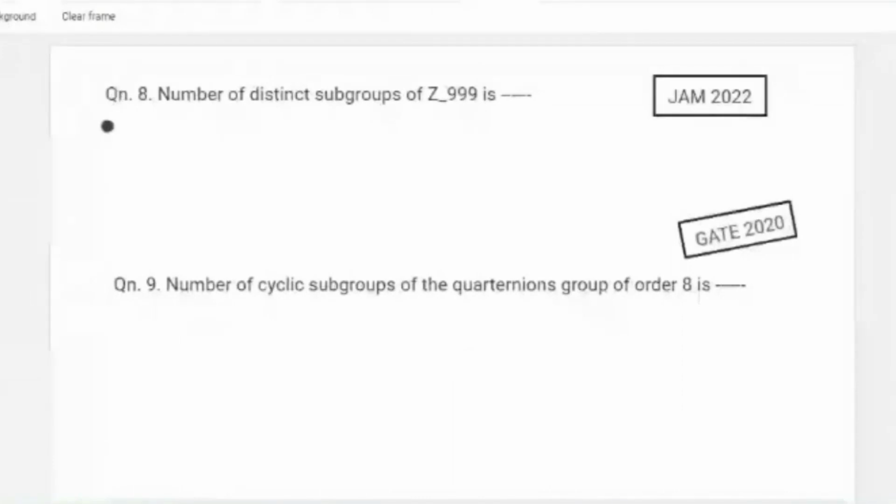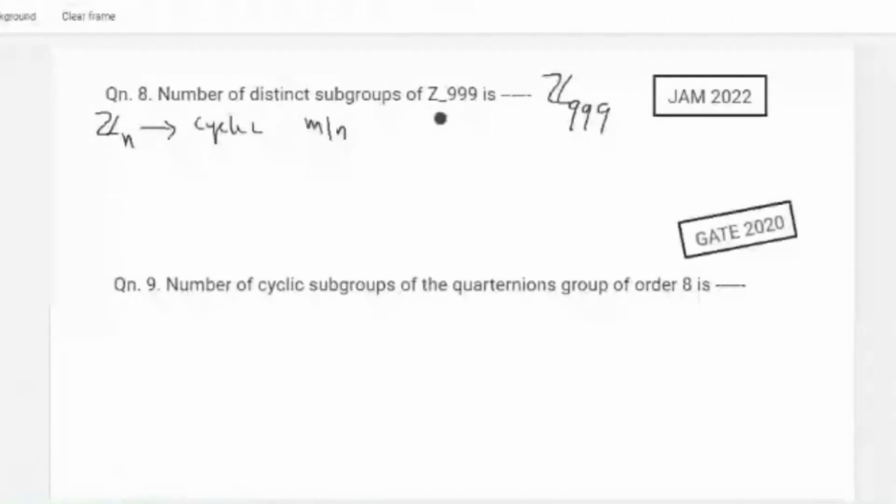We have already discussed the theory that can be used here. For Zn, the group is cyclic and every subgroup is cyclic, and for every m dividing n, there is a subgroup and it is cyclic.